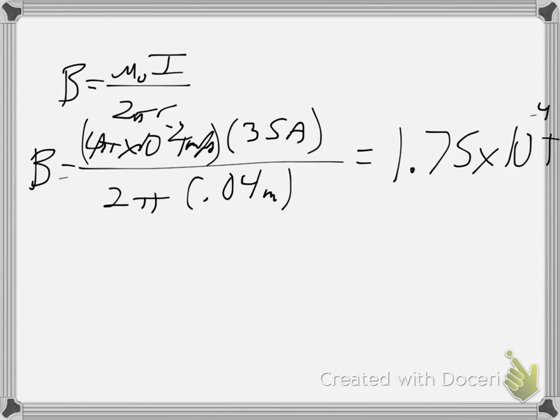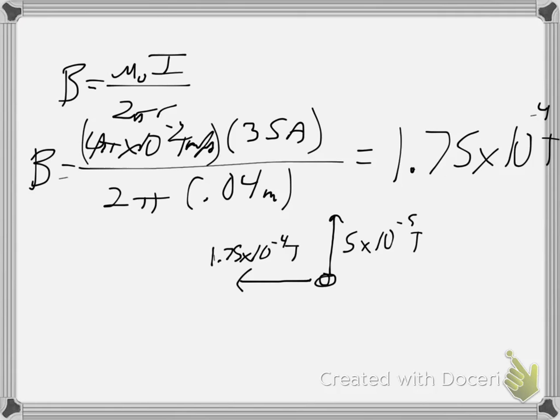Now, that's important, because if you look at your compass, we have this 1.75 times 10 to the negative 4th Tesla pointing this way, and we have this Earth field, which was given to you in the last problem, 5 times 10 to the negative 5th Tesla going this way.